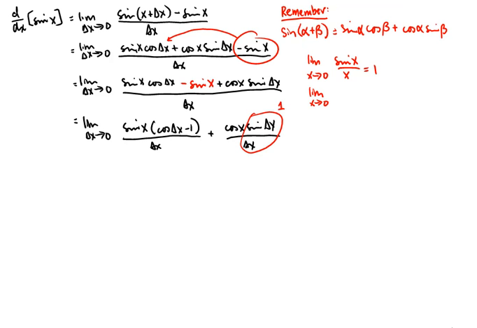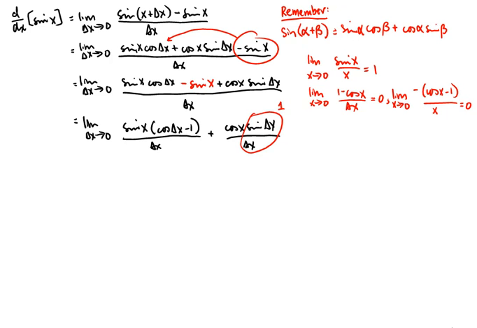And the second trig limit that we want to remember is the limit as x approaches 0 of 1 minus cosine of x over x, and that is 0, by the way. Now, if I factor out a negative 1 from that numerator, I would get the limit as x approaches 0 of negative quantity cosine x minus 1 over x, and that would still be 0.